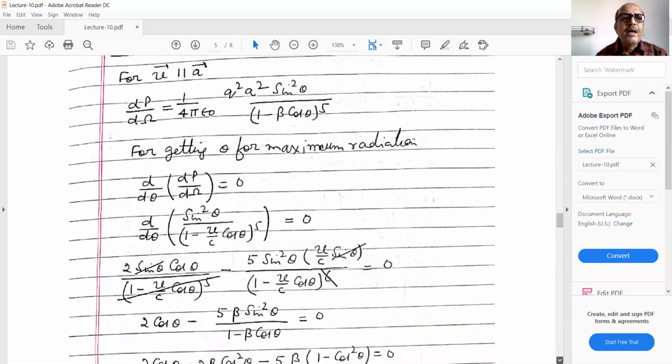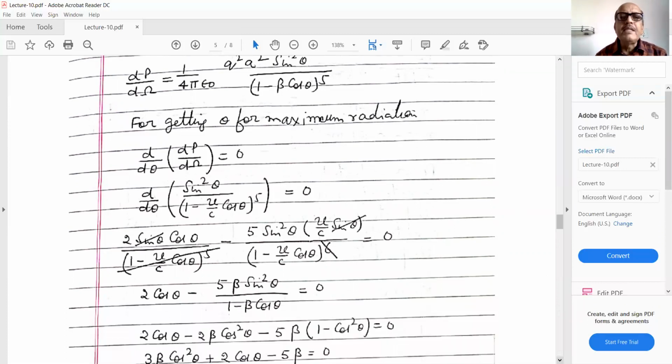So let us now differentiate the terms inside the bracket as first function into second function. So first function into differentiation of second plus second function into differentiation of first. So I have considered 1 upon 1 minus v over c cos theta to the power 5 as my first term. So I differentiate the second term, sine square theta.